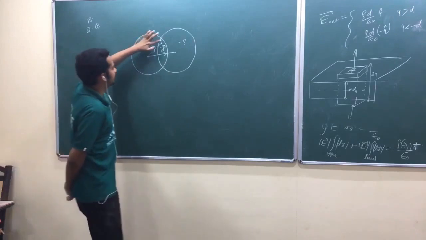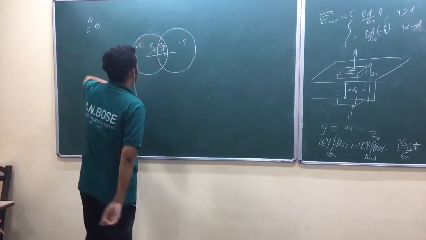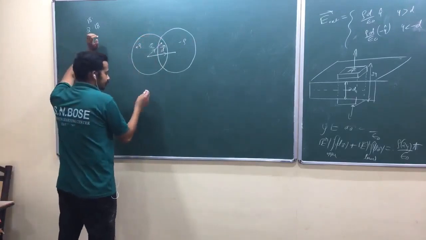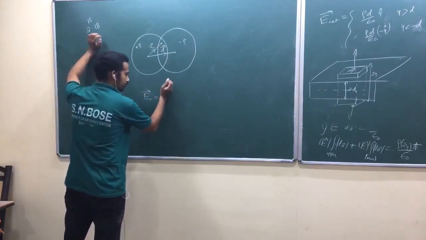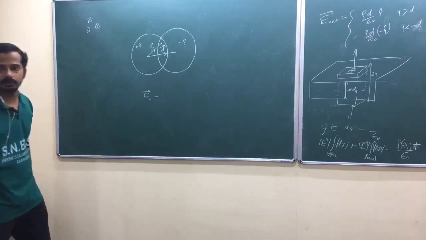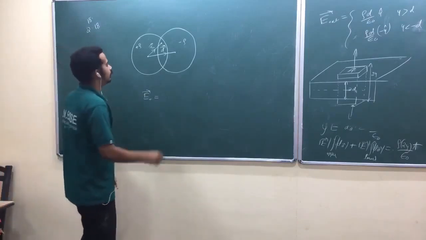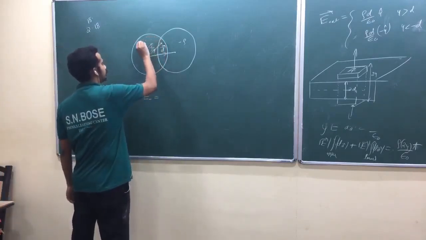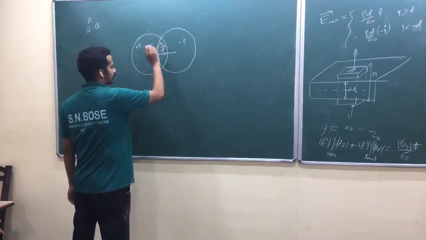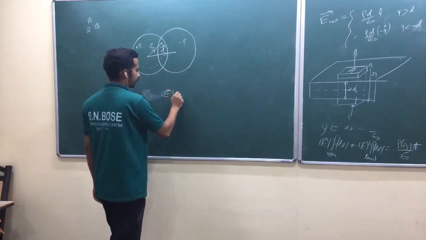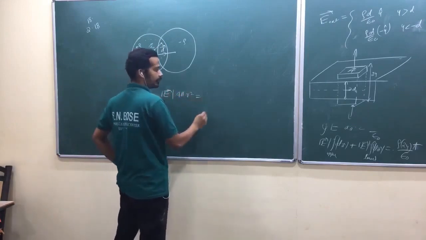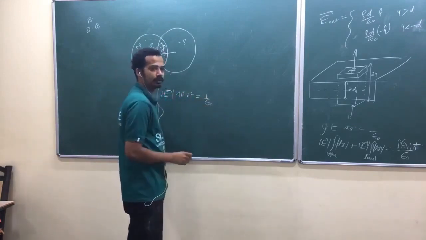Now, what is the electric field at this point due to only this positive sphere? Speak out. Now, in terms of rho, you have to take a Gaussian surface. Then mod E times 4 pi r squared equals 1 by epsilon naught times Q enclosed.